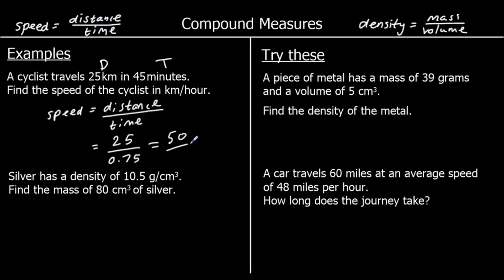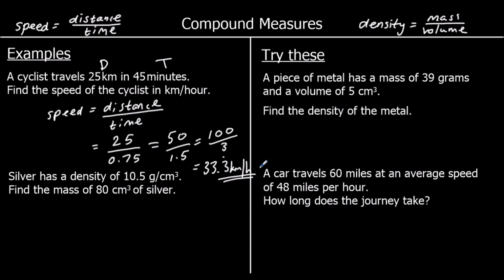So 50 over 1.5. Double again, 100 over 3. And 100 over 3 is 33.3 recurring. So it's 33.3 recurring kilometers per hour.